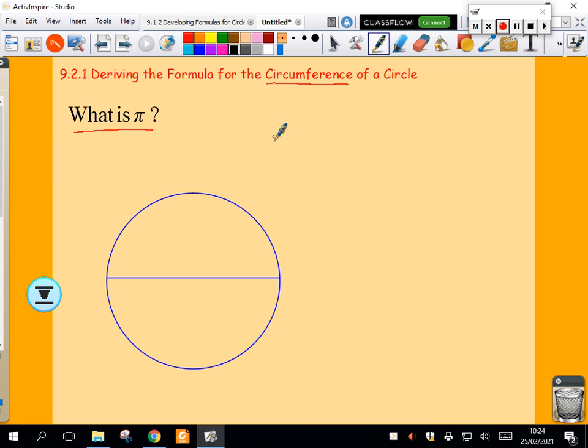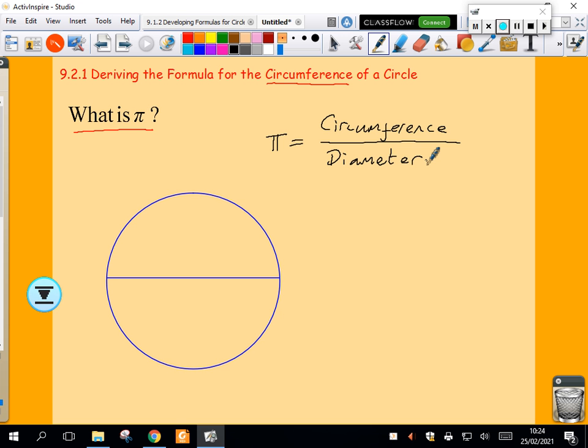So pi is defined as being the ratio of the circumference of a circle to its diameter. So in every circle, if I divide the circumference by the diameter, I get the number pi, and that's a constant. And we have calculators which give us pi correct to say 8 or 9 decimal places.